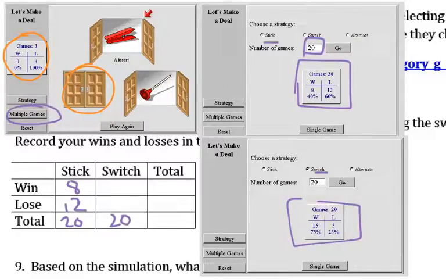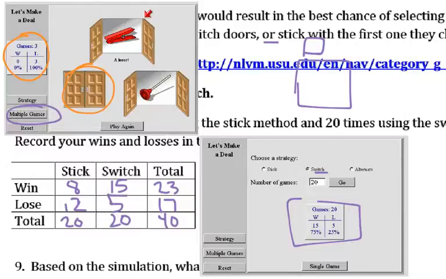This time we won 15 and we lost 5. So my total number of games played was 40. We lost 17 times and we won 23 times. Okay, so get rid of these now.